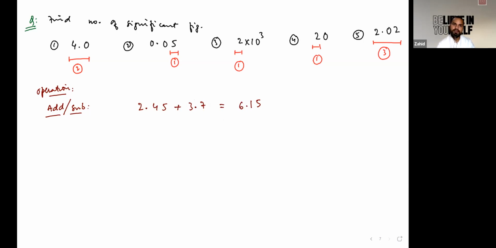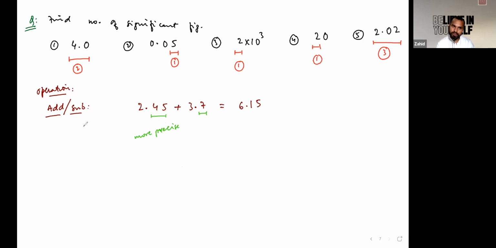Now, just check the number of significant figures after the decimal. In this part, we have 2 significant figures after the decimal. In this part, we have just 1 significant figure after the decimal. In accuracy and precision, I have defined that the number of significant figures after the decimal defines its precision. So this will be more precise.